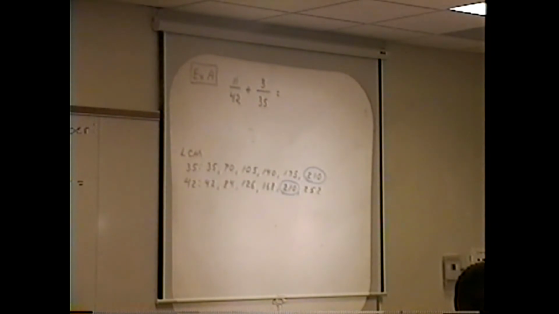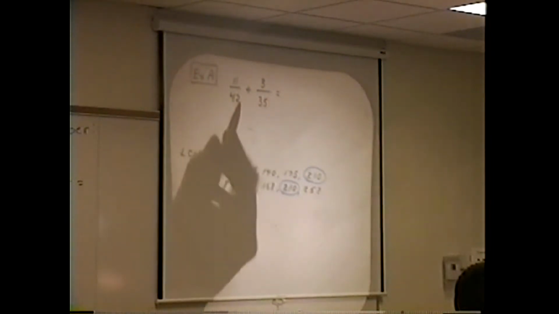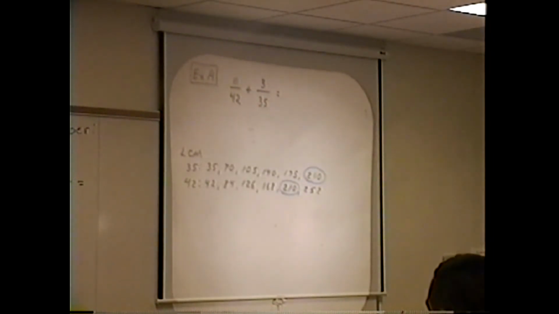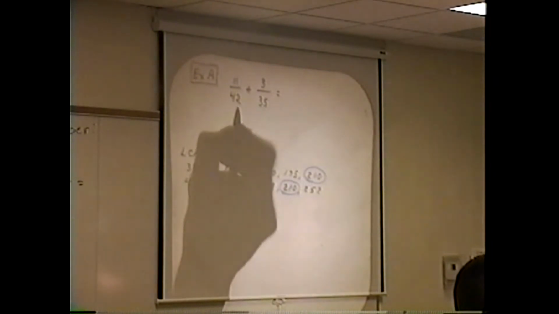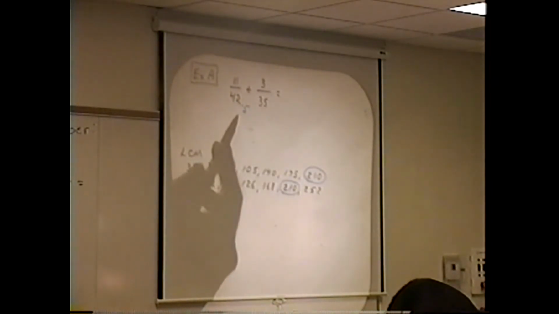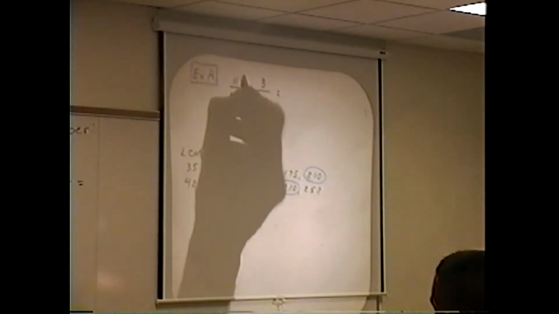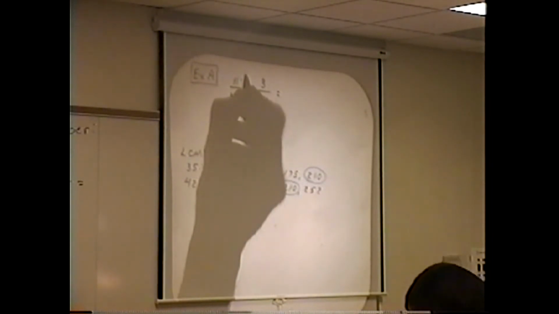So when I multiply this by what number? 5. When I multiply 42 times 5, I get 210. But because I'm making more pieces, I also have to multiply the numerator by 5.